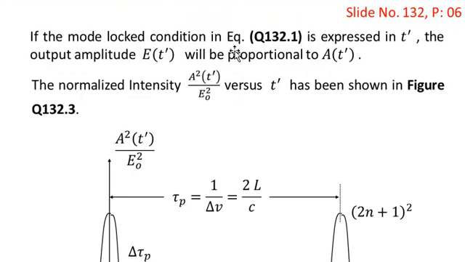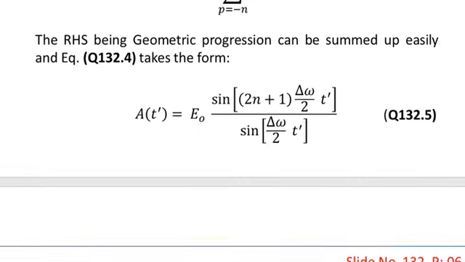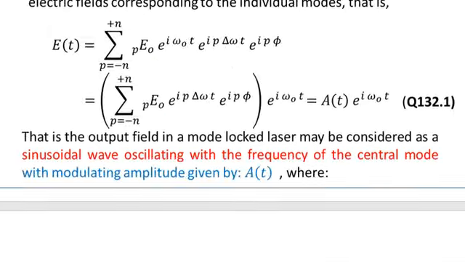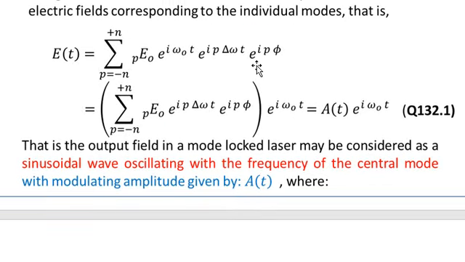If the mode locked condition in equation number 1, so you know that equation number 1 is the mode locked condition, because here this is the phase which is constant, and we are adding all the modes on the basis of their complex amplitude. This is the addition. So we are adding all the longitudinal modes on the basis of complex amplitude. It means that we are talking about the mode locked condition because the phase is constant.